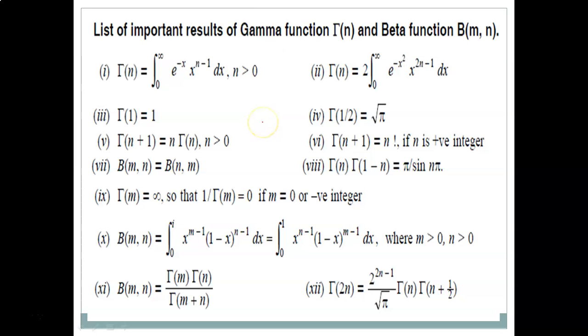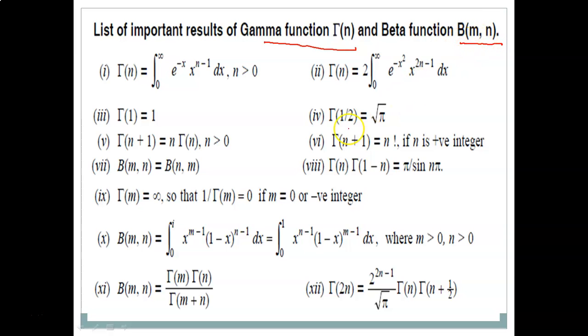So some new examples are here, but before that, because in the special functions, these two functions also have a special role: one is the beta function and the other is the gamma function. The gamma function is denoted by capital gamma n, and the beta function is B(m, n).